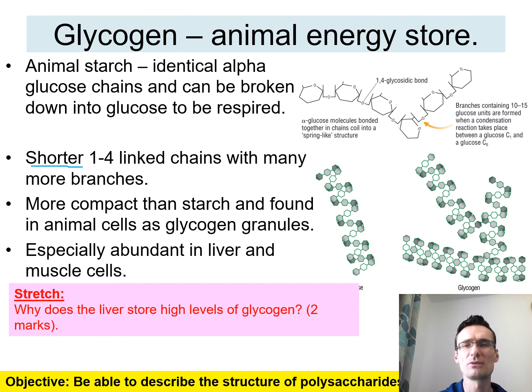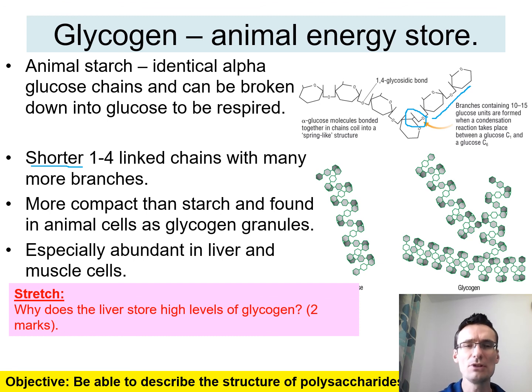Lots and lots of branches between alpha glucose in one chain and alpha glucose in another. So you get this 1,6 glycosidic bond again, and branches that contain about 10 to 15 glucose molecules in a chain.